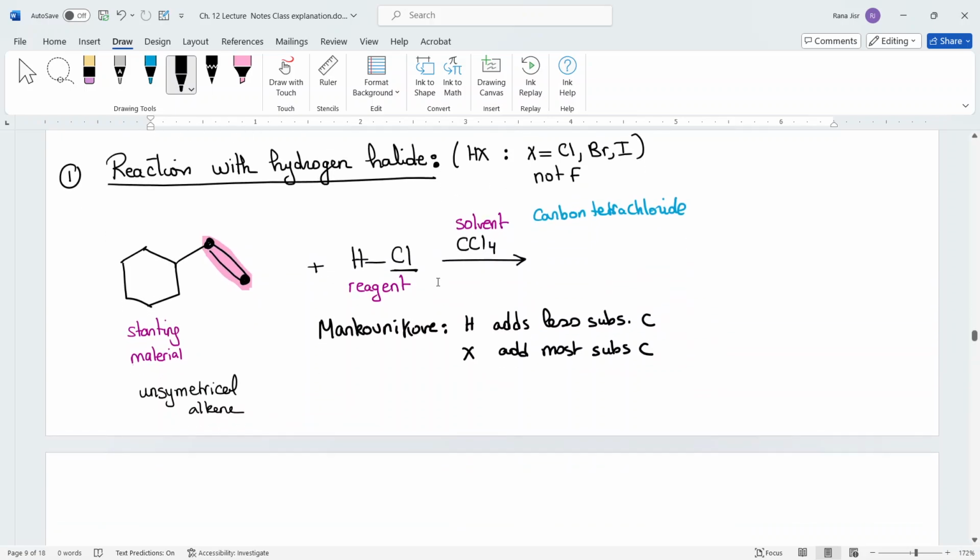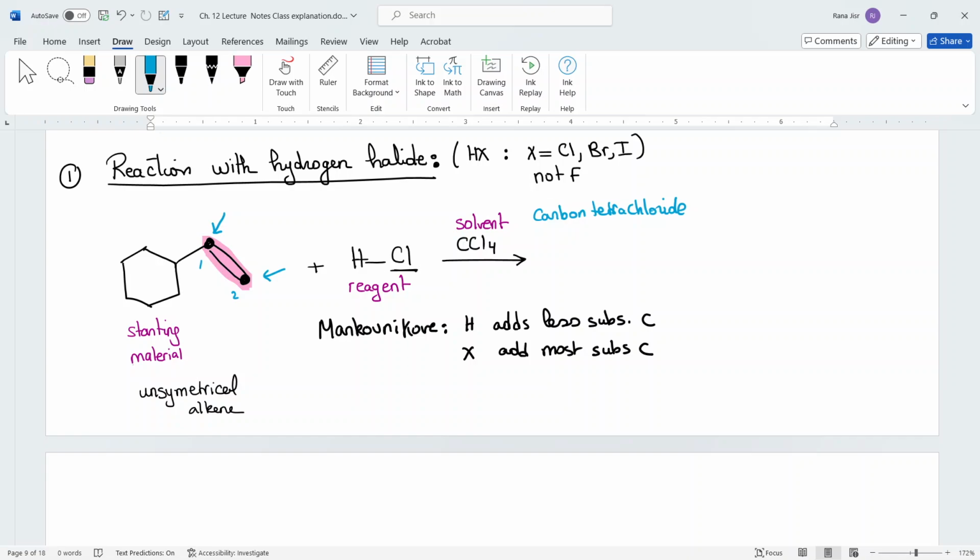So we're going to start always by adding the hydrogen. But before adding the hydrogen, we want to see which one of these carbons is the most substituted and which one is the least substituted. Well, you can take a look and see that this is carbon 1, this is carbon number 2. I am not numbering it for naming it, but if you want to number it the right way, this is going to be carbon 1 and carbon 2.